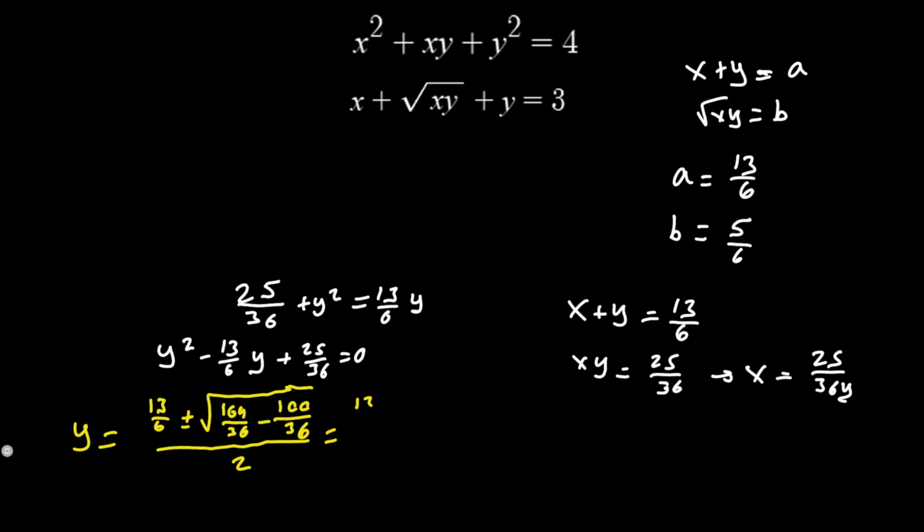This gives us 13 over 6 plus or minus the square root of 69 over 36, all over 2, which I will just pretty much write as root 69 over 6, all over 2. And y is equal to 13 over 12 plus or minus the square root of 69 over 12. So pretty much this wasn't that bad, right?